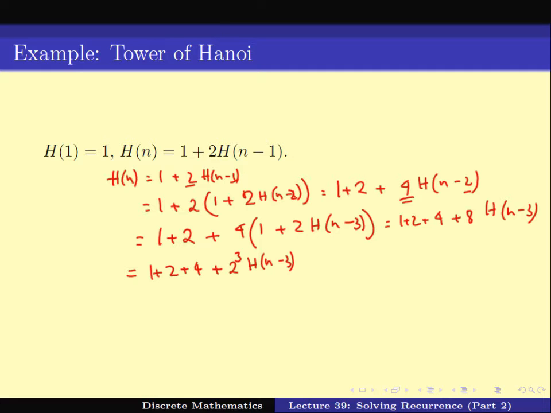So again, by the complete leap of faith, we can write it as 1 plus 2 plus 4 plus 8 plus 2 power k plus 2 power k plus 1, and when I have k plus 1, I have Hn minus k plus 1.